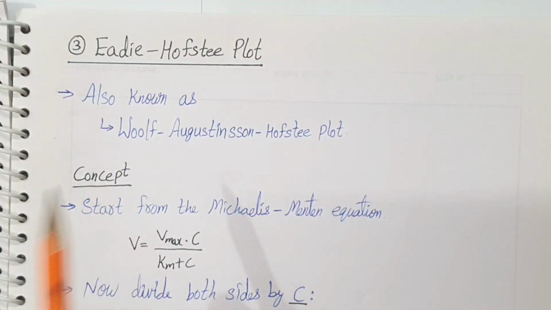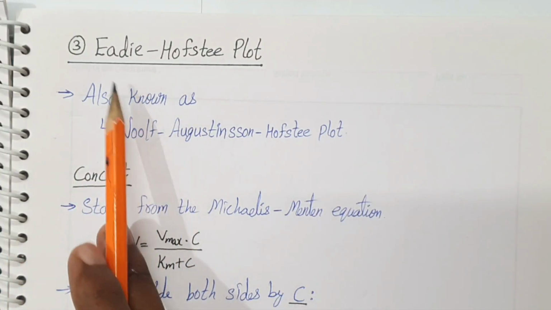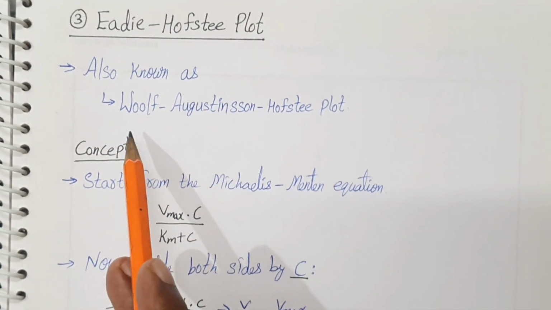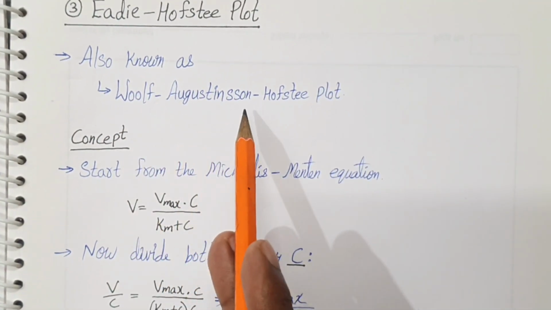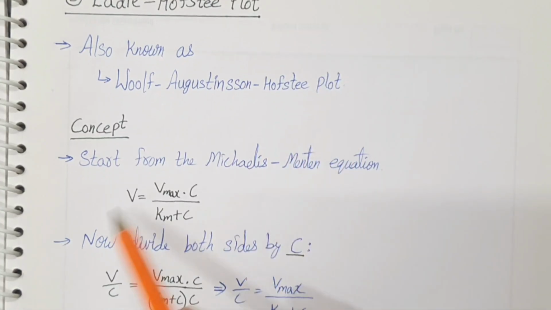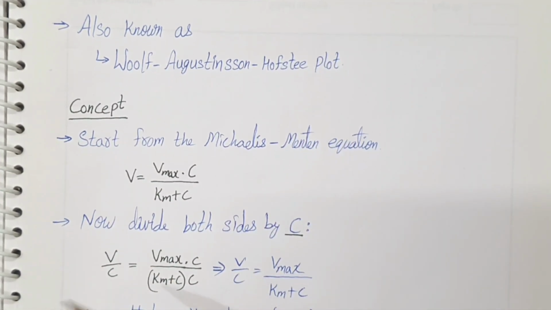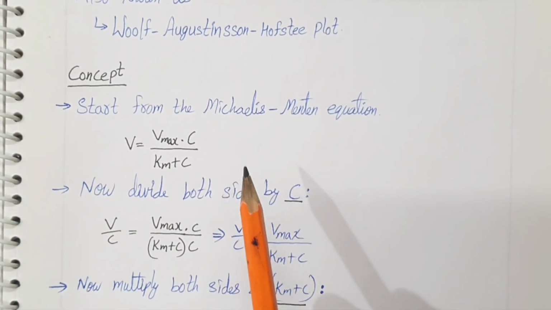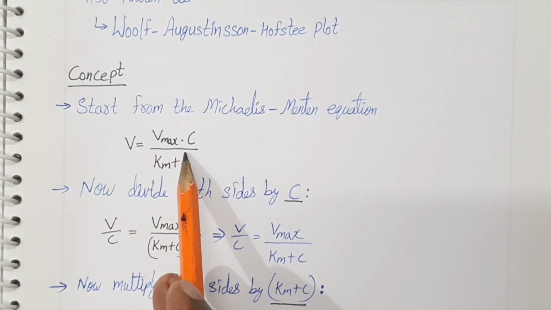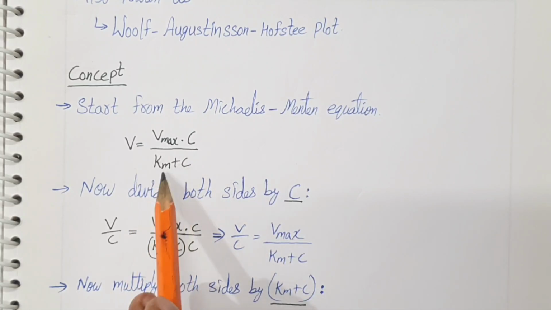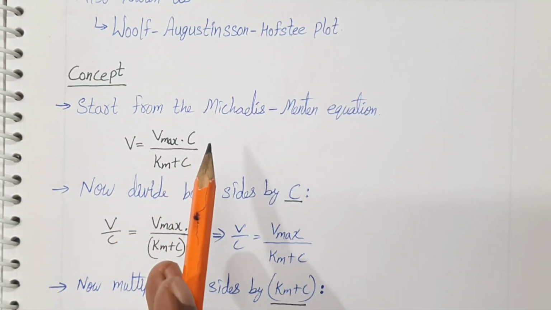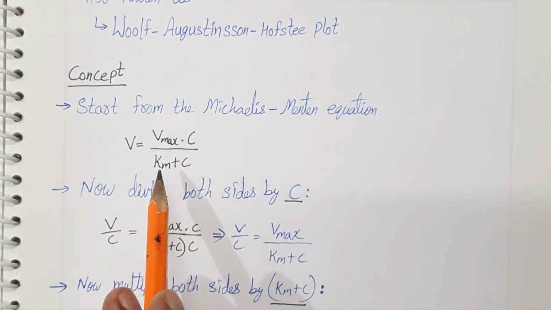Now we'll see the final one, the Eadie-Hofstee plot. The concept here is we start from the Michaelis-Menten equation: V equals Vmax into C divided by Km plus C. Remember this equation.